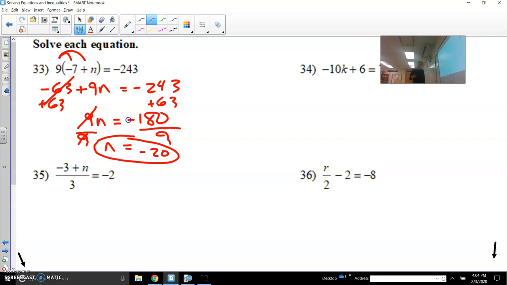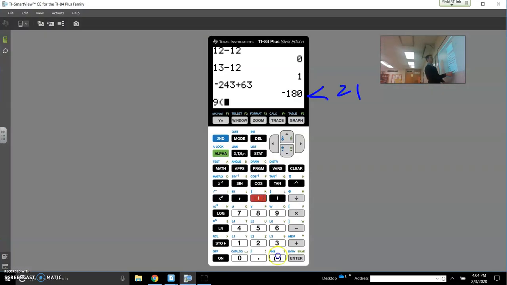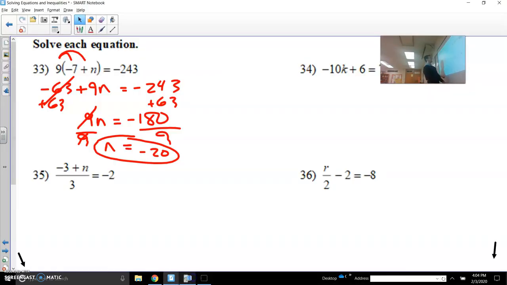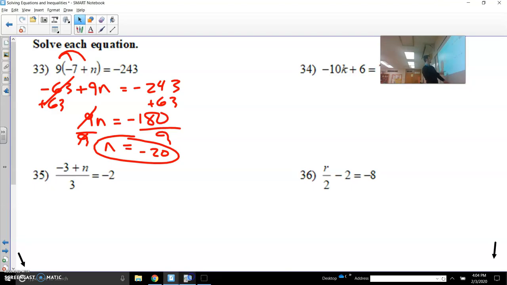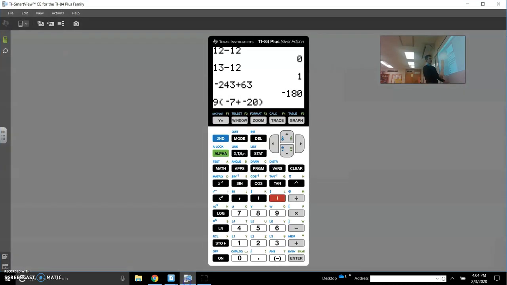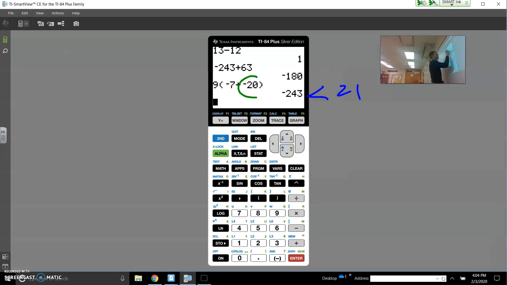I can always check my work by plugging in that negative 20 for the variable. I start with 9 parenthesis negative 7 plus, and at the end I substitute my value, negative 20. If this is correct, it should give me negative 243, which it does. So I know that negative 20 is the correct value for n.